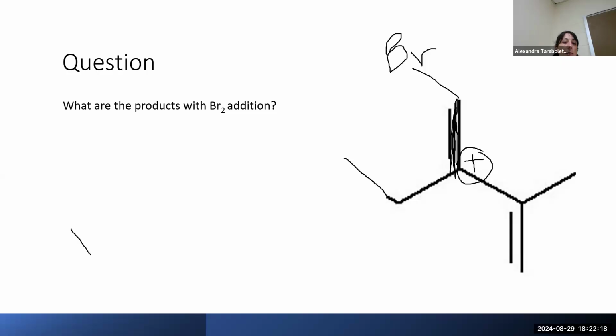That looks like a double bond, and the positive charge can flip, meaning I get the double bond here, positive charge down here.